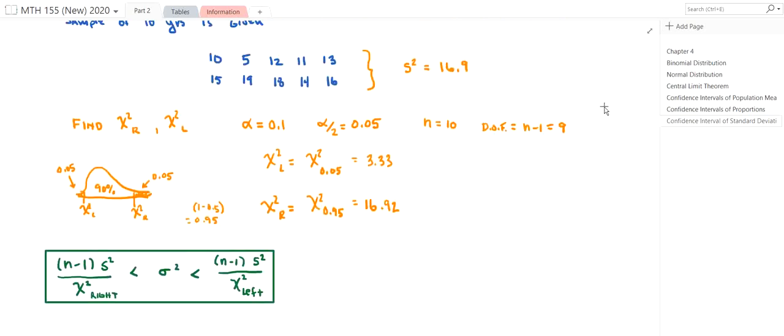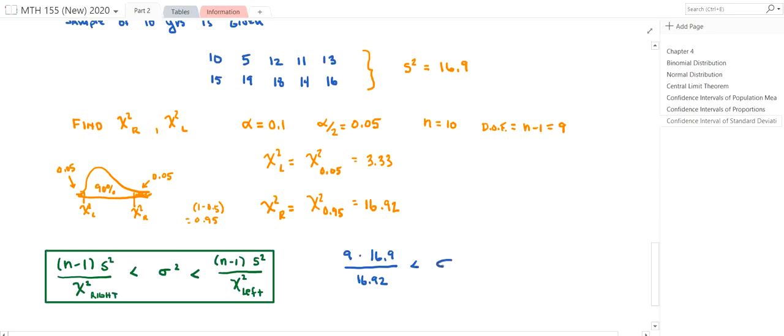So I've gone on and pasted the equation we want to use from above, so you didn't have to scroll up. And now it's just time to put in the values. So n minus 1 is 9 times our variance, 16.9, divided by, and again, this is the right, so this is the bigger number, 16.92.